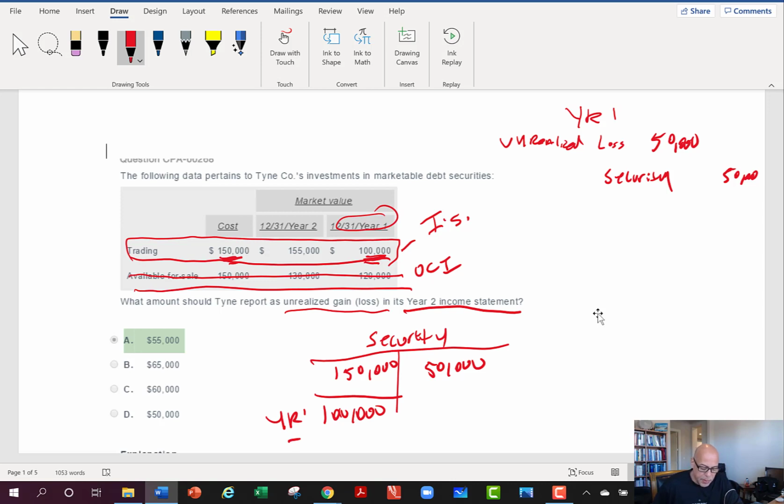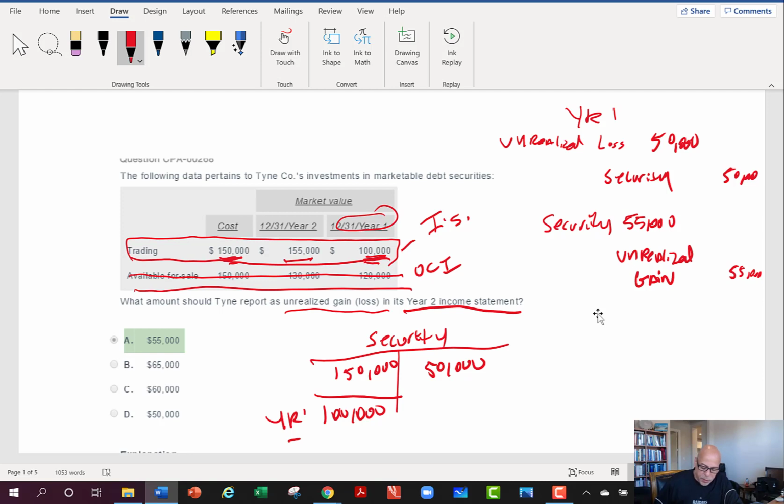Now what happens? By the end of year two, this thing has come back, and it's come back past 150,000, it's all the way to 155, okay? So what I'll do is I will now debit security for 55,000, and I will credit unrealized gain for 55,000.